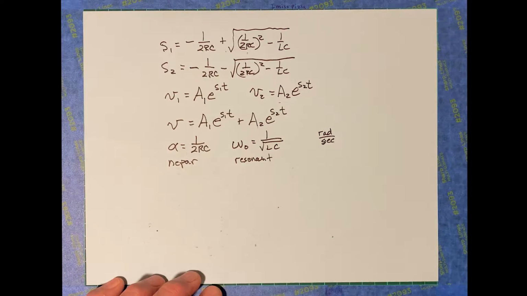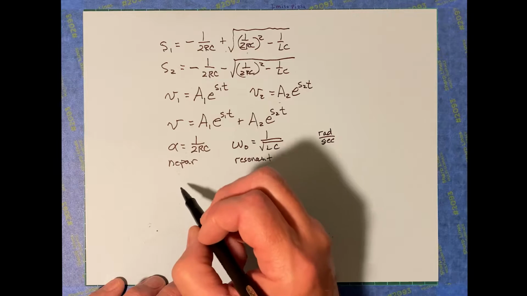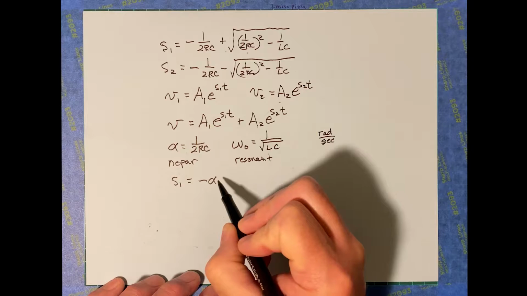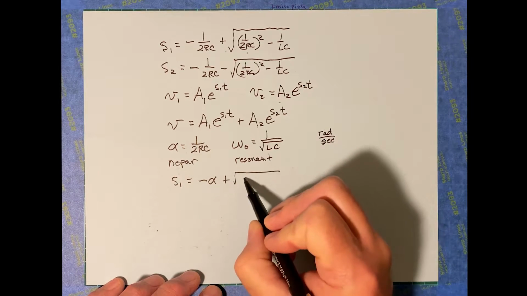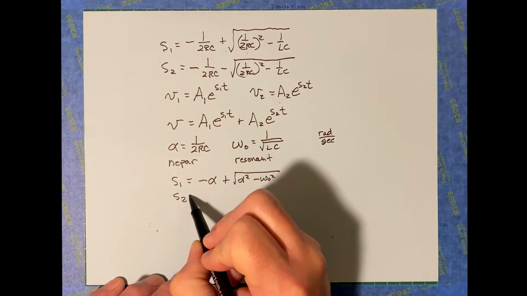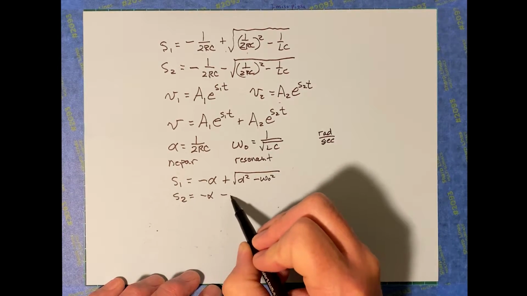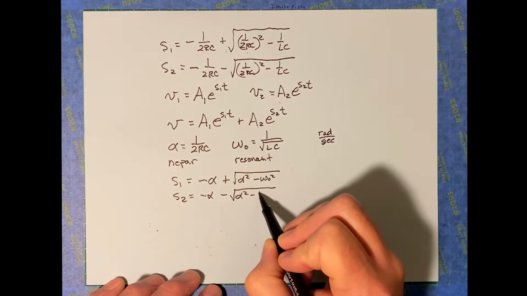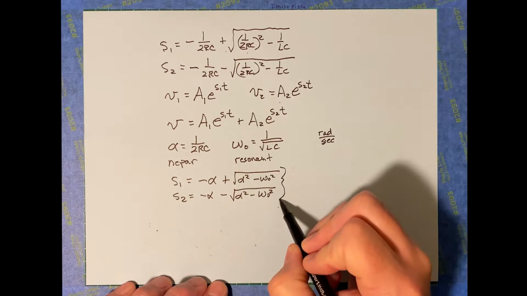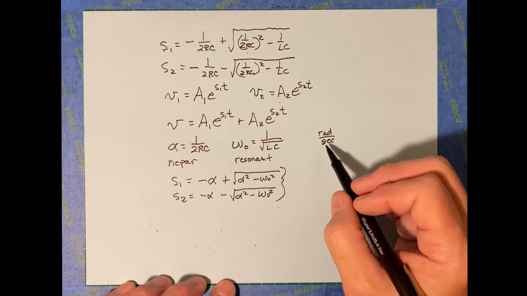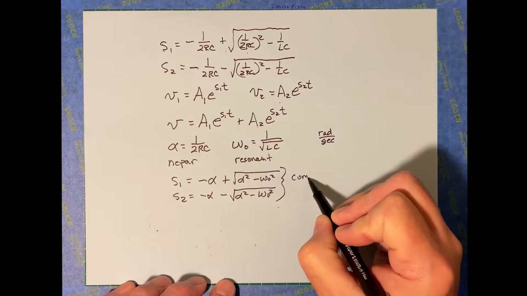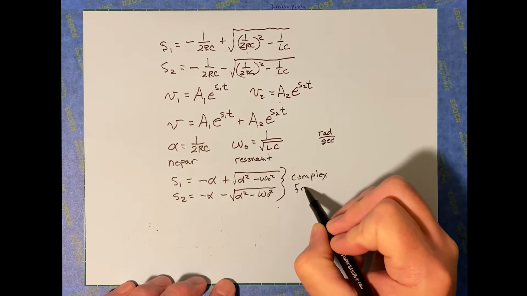But now let's leave these definitions here and realize that we can write S1 as minus alpha plus the square root of alpha squared minus omega naught squared. And we can write S2 as minus alpha minus the square root of alpha squared minus omega naught squared. Now these two are also frequencies. They also have units of radians per second, and these are called the complex frequencies.